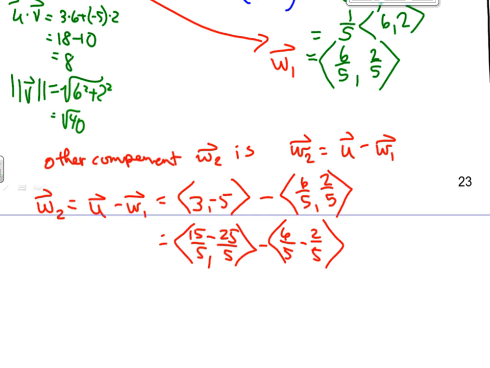So W2 is 15 minus 6, which is 9/5. And -25 plus 2 is what? -23/5.